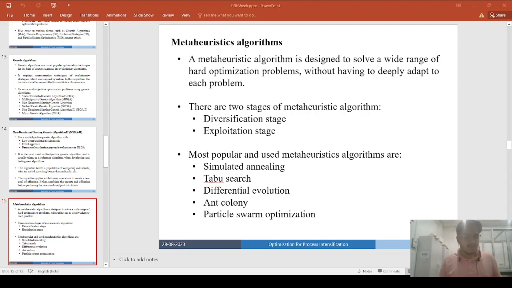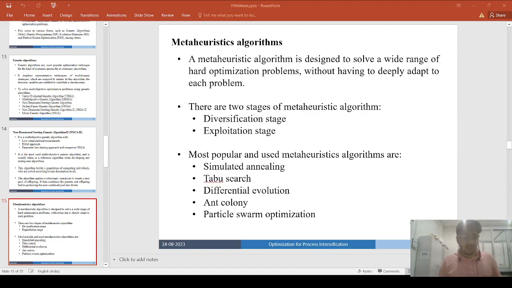So this is how a meta-heuristic algorithm works. The diversification stage lets you explore over a large space, and then the exploitation stage concentrates on the possible optimal area, the set of solutions that can give you an optimal result.